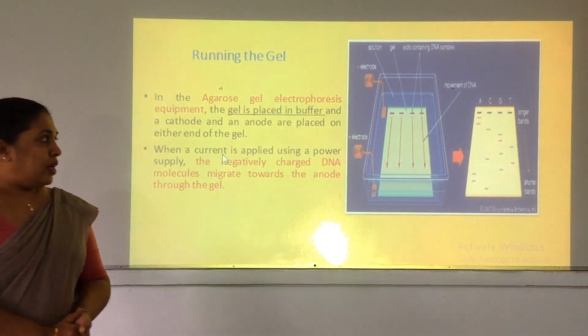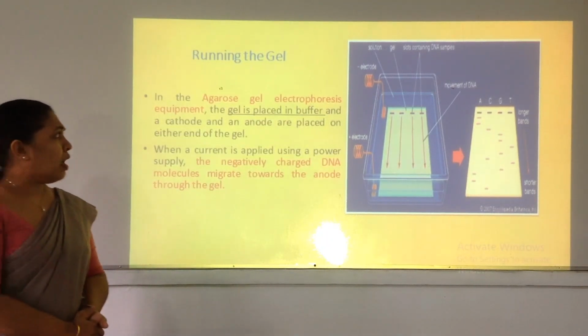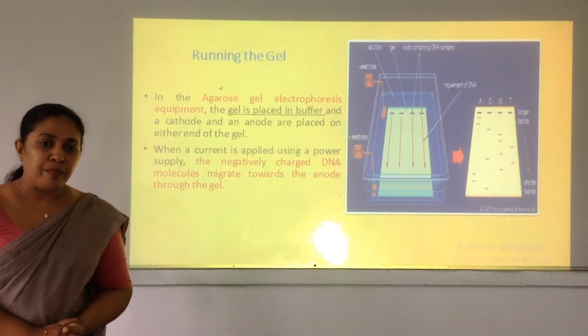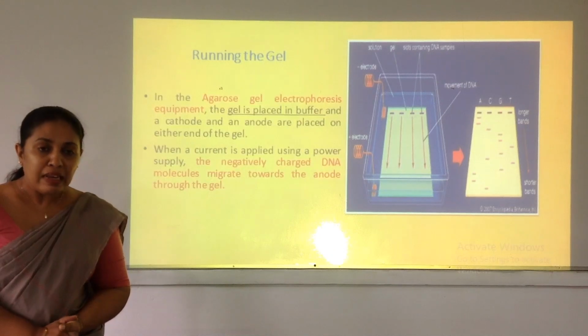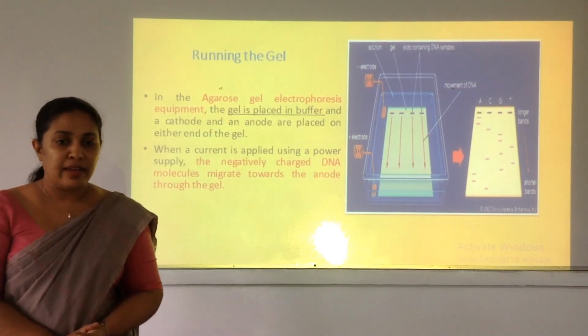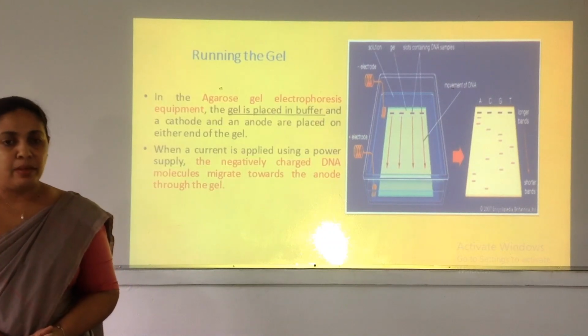So now our gel is ready. We are going to run the gel. To run the gel, we are using agarose gel electrophoresis equipment, and it is equipment having 2 electrodes. It is like a tank, and it has negative and positive electrodes connected to the power supply.